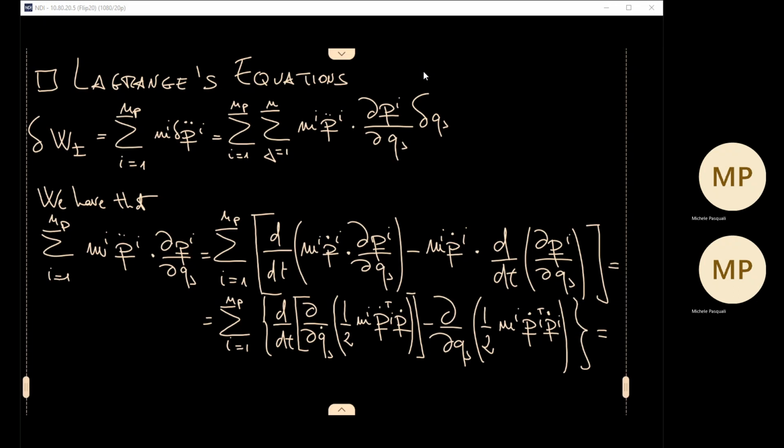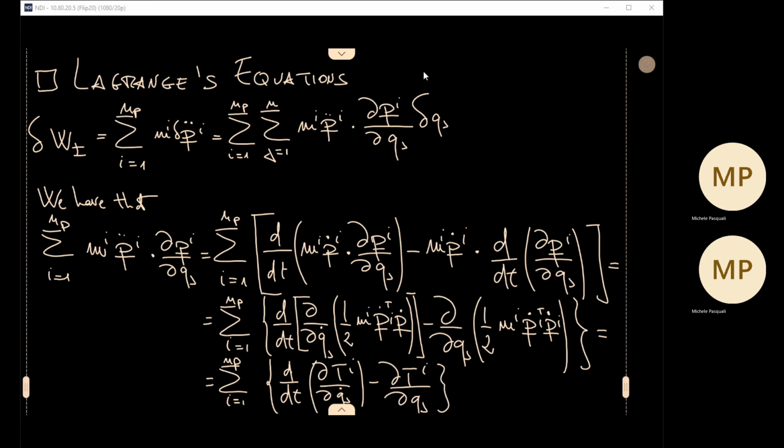Now you see that we have the same, very familiar, I guess, quantity in between the round brackets that we call T_i, over the q_j dot, minus the T_i over the q_j.